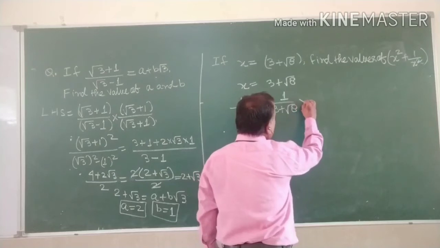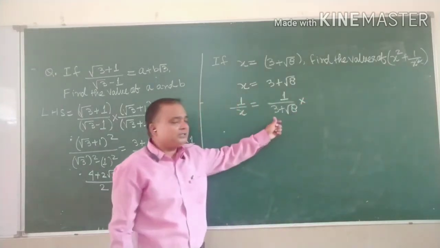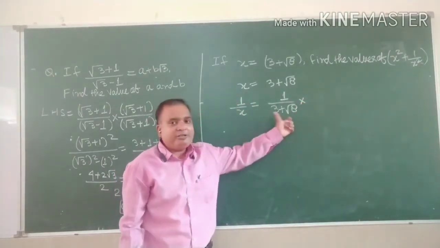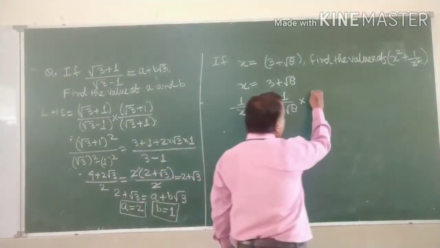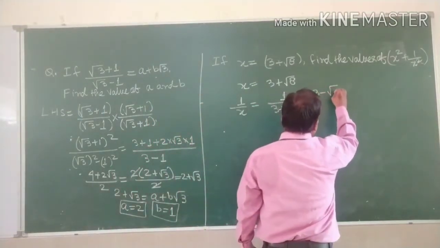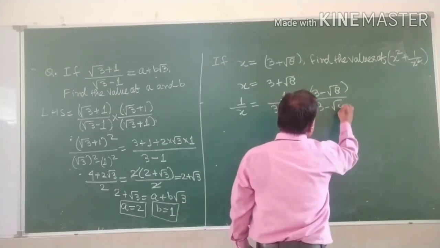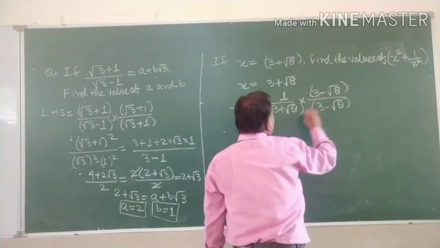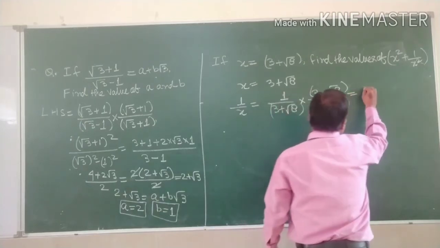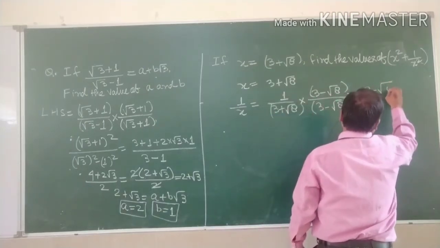Now, rationalize the denominator. Here the denominator is 3 plus root 8, so the rationalizing factor will be 3 minus root 8. So numerator and denominator both should be multiplied by 3 minus root 8. In the numerator it remains the same because it is multiplied by 1.